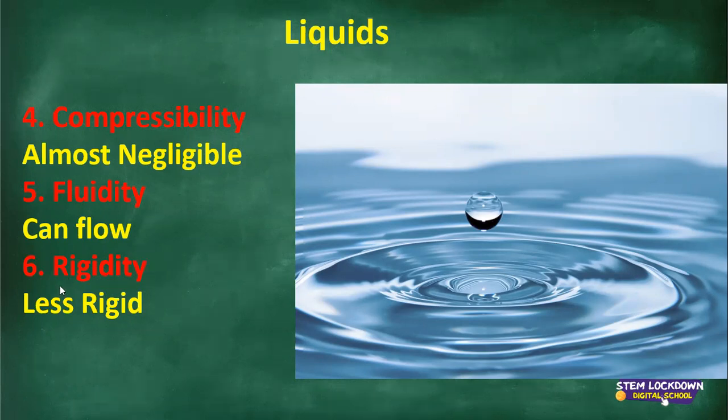And when you talk about rigidity, we talk about the strength or the toughness of the substance. So we spoke about solids, that solids were very rigid or very tough or very strong, but liquids are less rigid, okay?